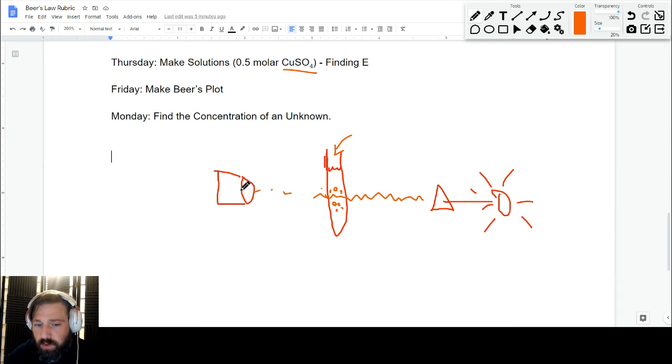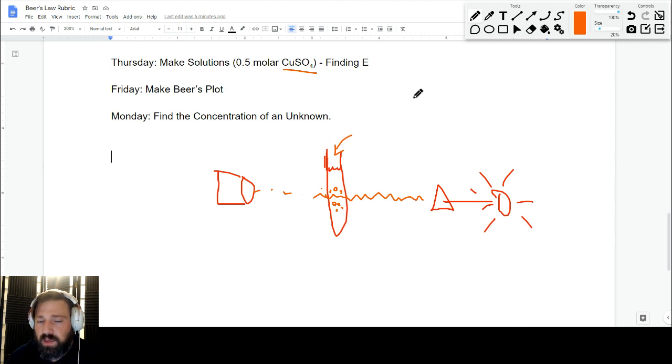So if we want, we could put a crystal clear water sample in here. Now, water is going to absorb some of this light as well, but we can put in that water here and read how many photons we have. Then put in our copper sulfate and see how many are in there.